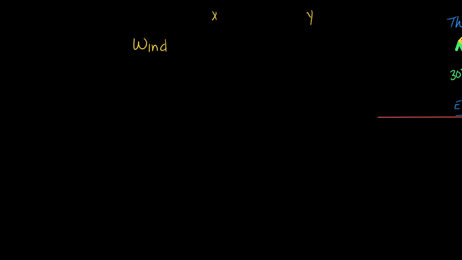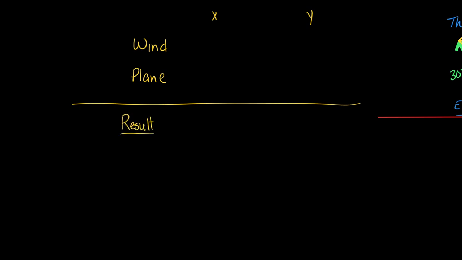And then I'm going to need the components that make up the plane in the x and y direction. And then I will add them together to get the result of the plane. The only thing I know about the result of the plane is that it has to be due east, which means only in the positive x direction. That's what I know about my answer.